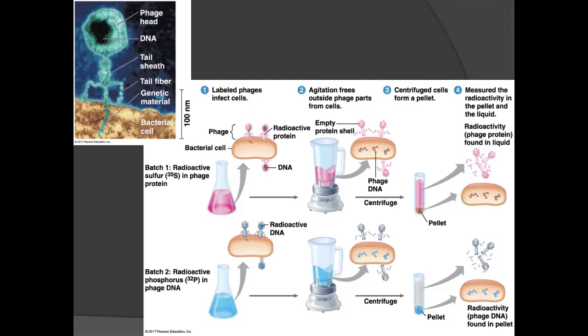They determined that the phage radioactively labeled proteins were found in the supernatant or outside of the cell, whereas the phage labeled DNA was determined to be in the pellet, which consisted of the host cells. This allowed them to determine that the transforming agent was, in essence, DNA-based.